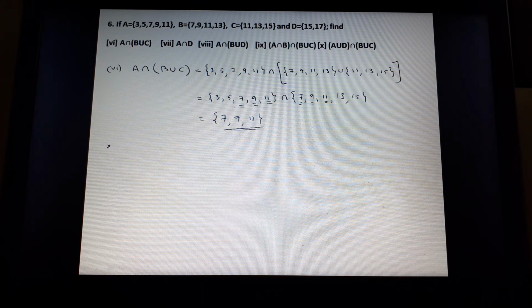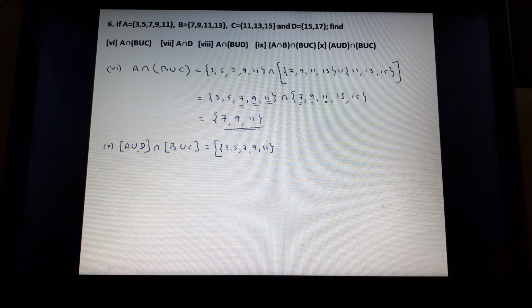So the remaining you can do the same way. The 10th one, you see, is still lengthy. A union D bracket, then intersection B union C. So same way you have to write A union D, put a bracket, then intersection, then B union C equal to, first put a bracket, A is 3, 5, 7, 9, 11.